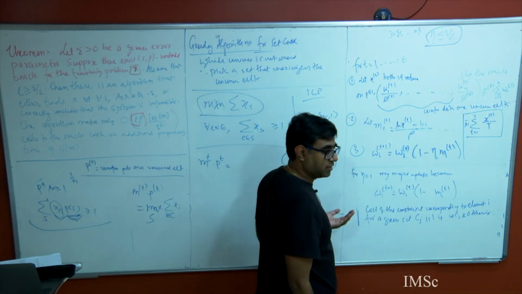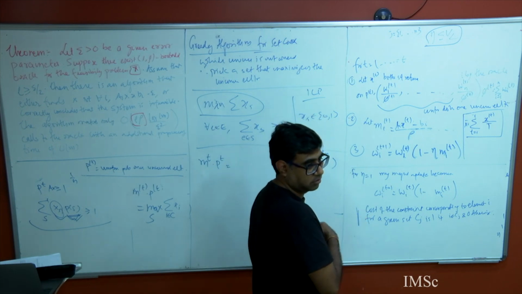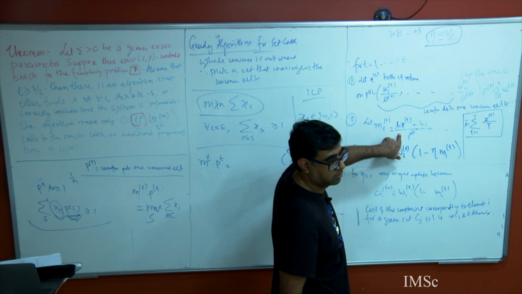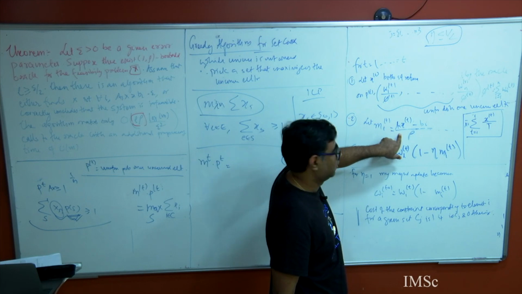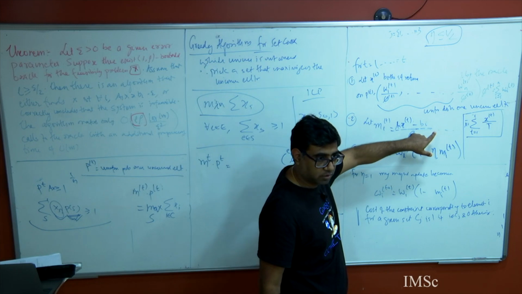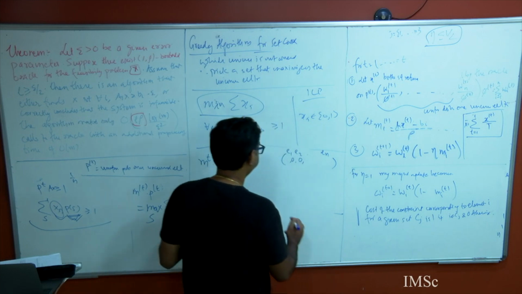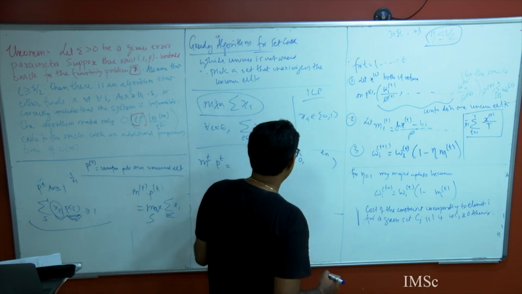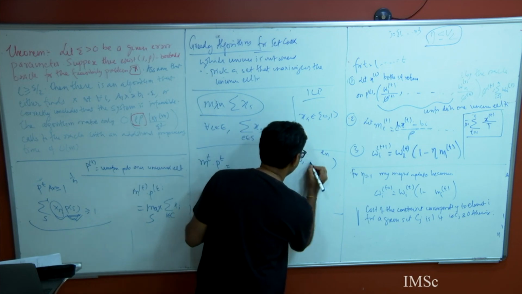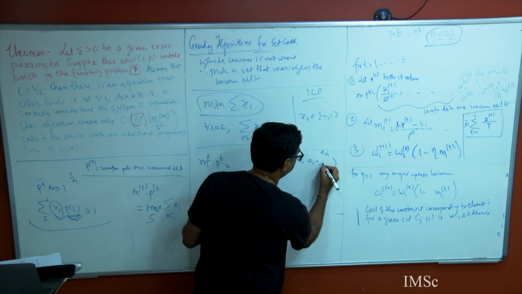And what about the other guys, the other elements which you have not covered? This is 0 and this is minus 1. So elements which are covered will get 0, elements which are not covered will get minus 1.